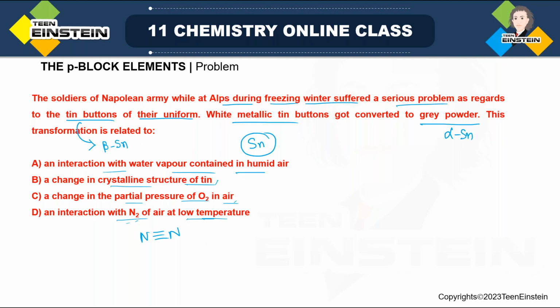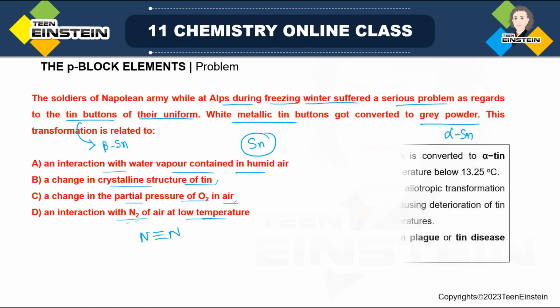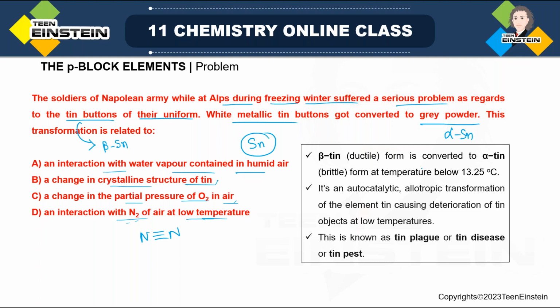We have already seen the reason: alpha form and beta form can be converted to each other, and that depends on temperature. So the beta tin form, the ductile or metallic form, is converted to alpha tin form when temperature is below this value. This process is an allotropic transformation, which is autocatalytic. We don't have to add anything else besides the element tin, and there is deterioration of tin objects.